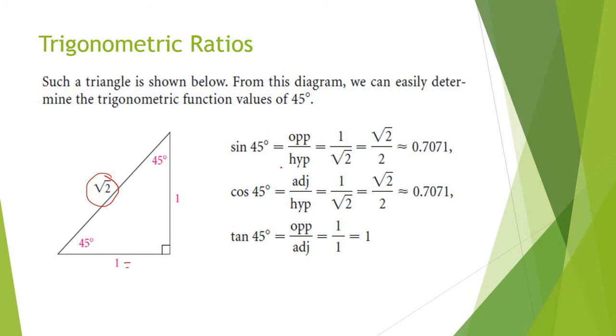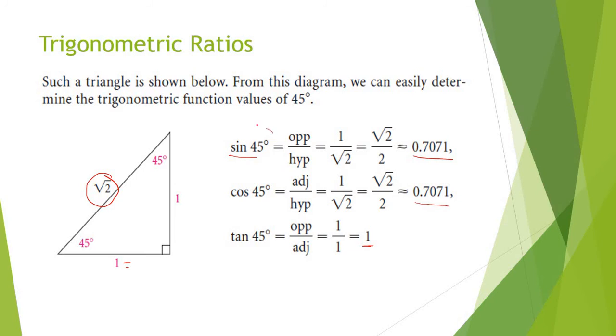So here, what you're going to do is, sine of 45, that is equivalent to 0.7071. The same thing with cosine, that is 0.7071, and for tangent 45, that is equivalent to 1. So these are the different values now of your angles.